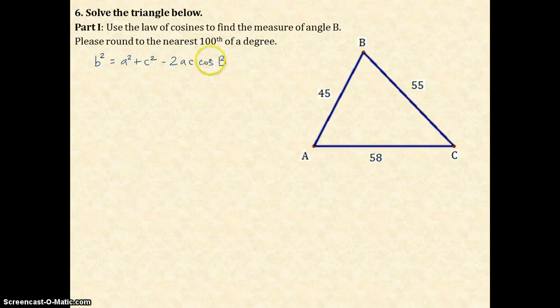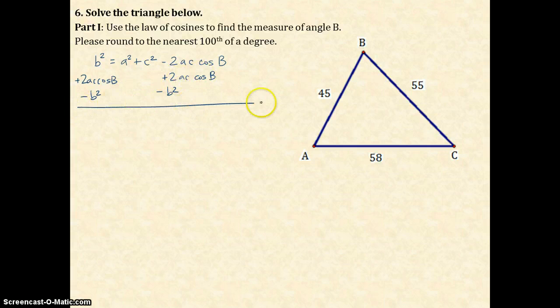Now, we need to rearrange that to get the cosine by itself. So we can add 2ac cosine of angle B to both sides, and subtract b squared from both sides. And the b squareds cancel, and I get 2ac cosine of B equals a squared plus c squared minus b squared.